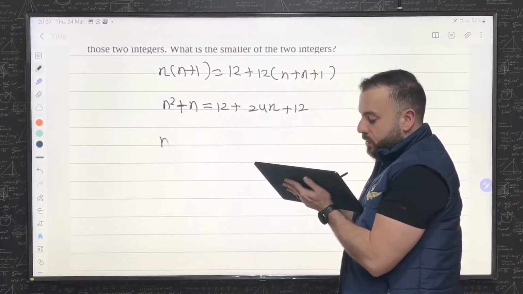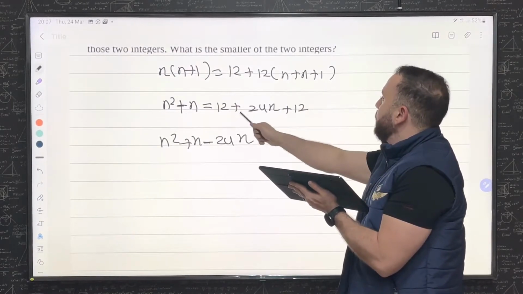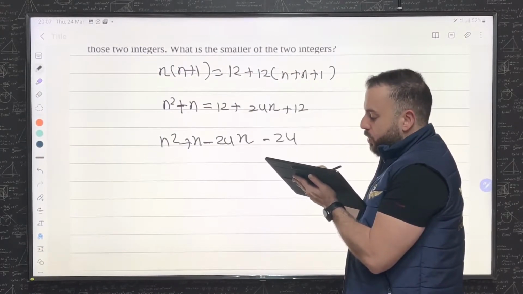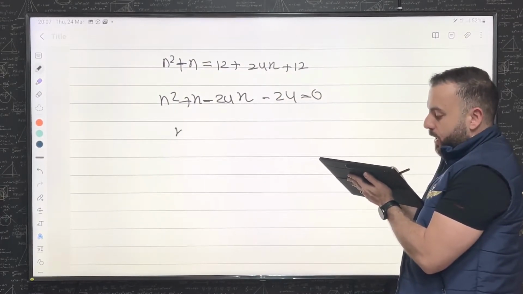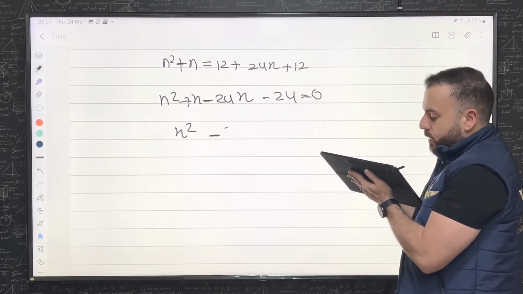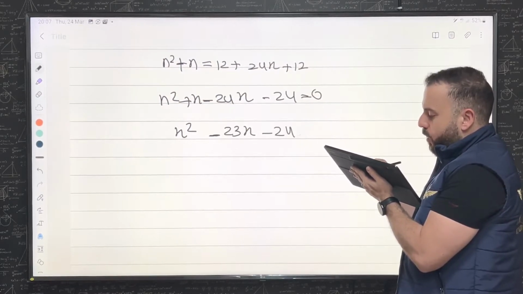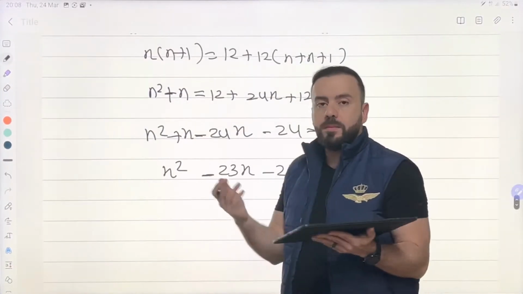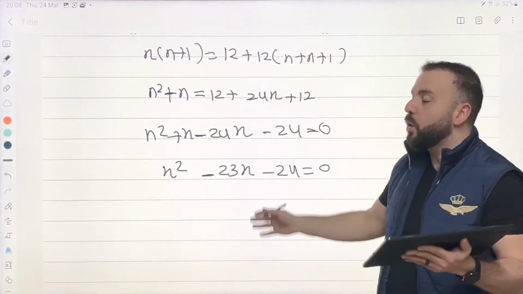So that's going to be n squared plus n minus 24n, okay, which is equal to also here minus 24, just make it a shortcut, okay, and at the end that's going to be n squared minus 23n, but minus 24 is equal to 0. Yes, this is perfect. See, sometimes maybe one sign will break everything, will make the issue for the whole question.